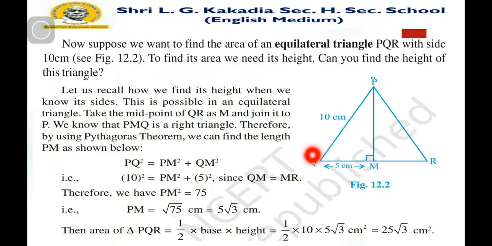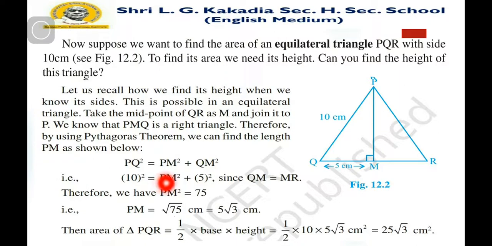In the triangle, the hypotenuse and the base are given, so we can find this side. By the Pythagoras theorem, PQ square, that is hypotenuse square, is equal to PM square plus QM square. Let us put the values: 10 square is equal to PM square plus 5 square, since QM is equal to MR.